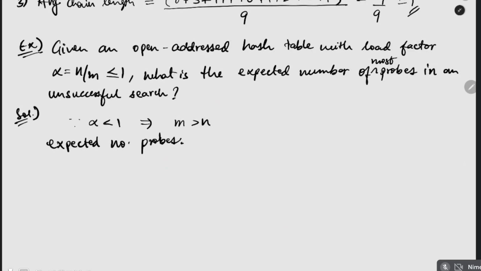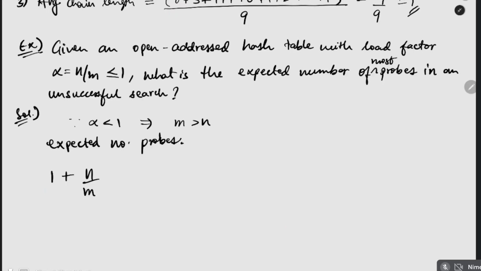So at least one probe is necessary, right? And then for the worst case, at least one probe is necessary, and with a probability of n over m, we hit a slot that is already occupied, right?